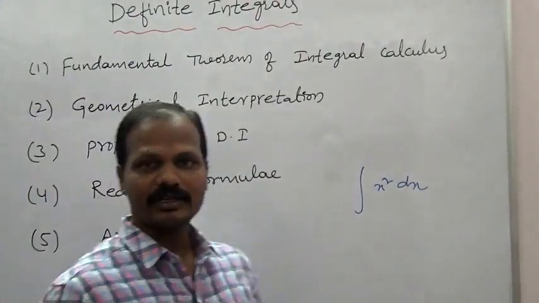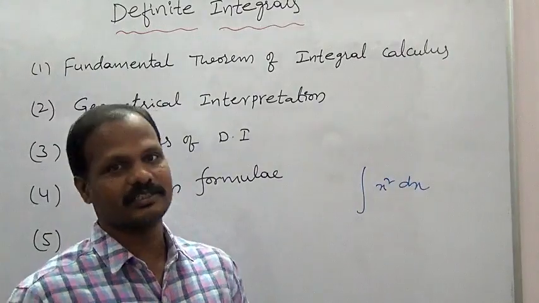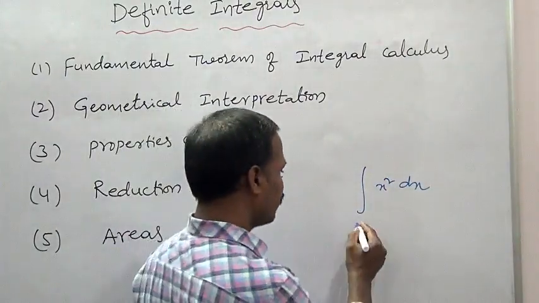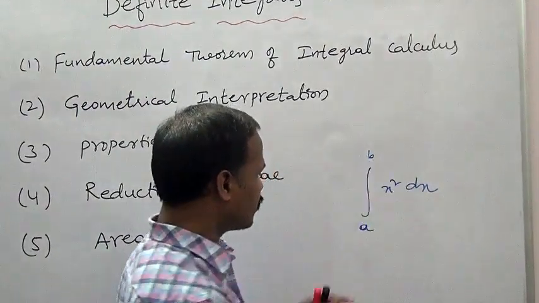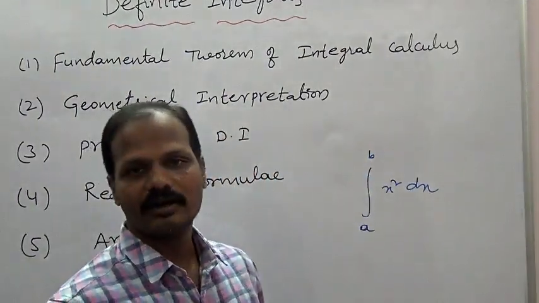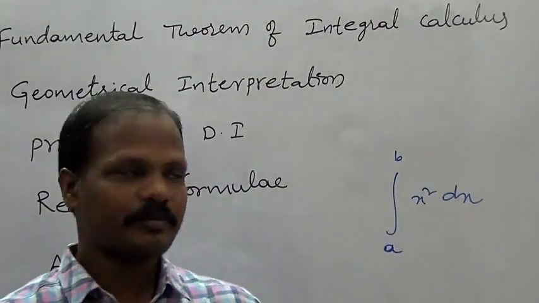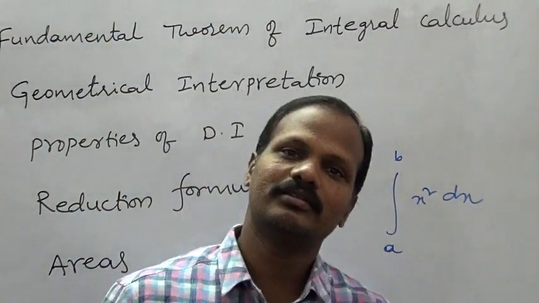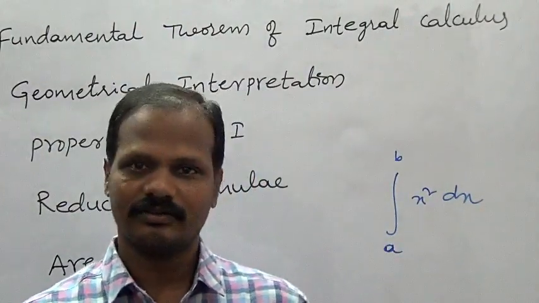But coming to the definite, you have to define where you have to find this integration. For example, integration from a to b. This is the lower bound and this is the upper bound. So if you know indefinite integration very well, then definite integrals are very easy.